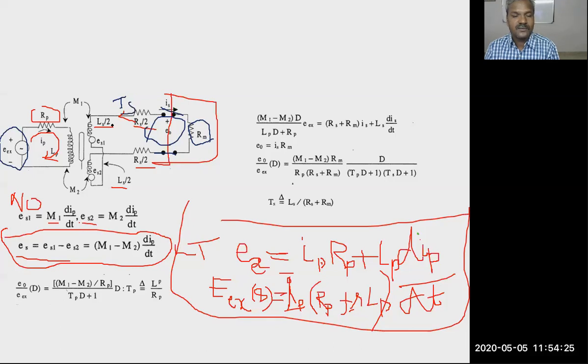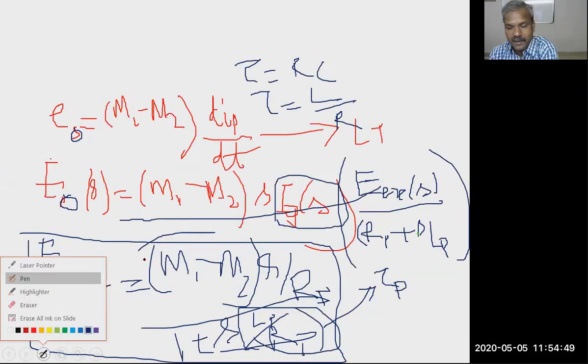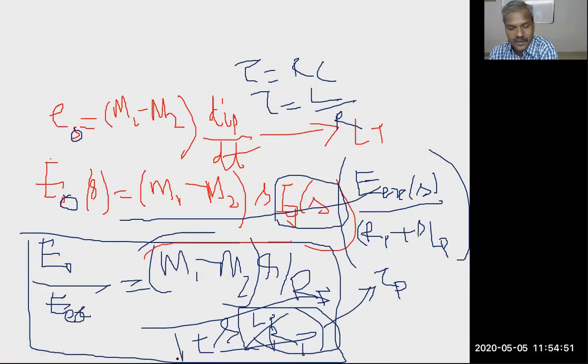As per Thevenin's theorem, the open circuit voltage is equal to the loading output. That's why this voltage will take another color: M1 minus M2 into S divided by RP into 1 plus S LP by RP.